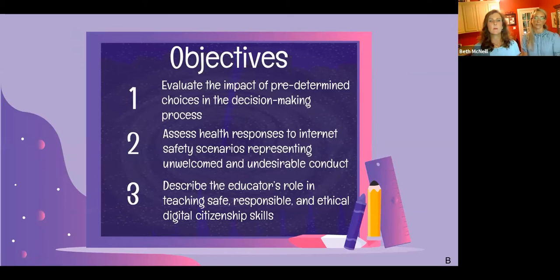Typically, we ask them something and they say, oh, yes, I'd always do the right thing, when we know that isn't always the case. So we're going to look at what happens when you don't get to make the good choice. We'll also do some assessment of healthy responses to internet safety scenarios and how to handle unwelcomed or undesirable situations. And then we'll talk about, as a group, our role as educators to teach safe, responsible, and ethical digital citizenship.